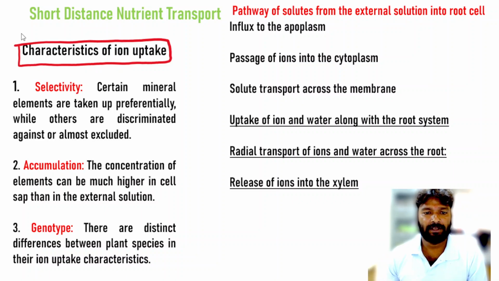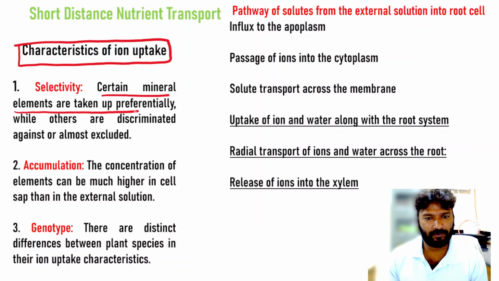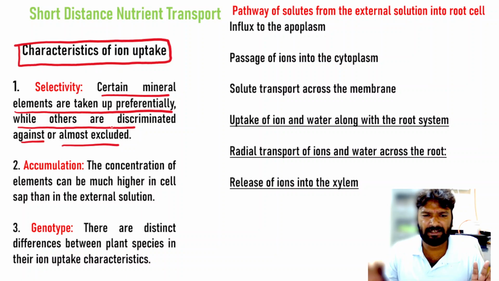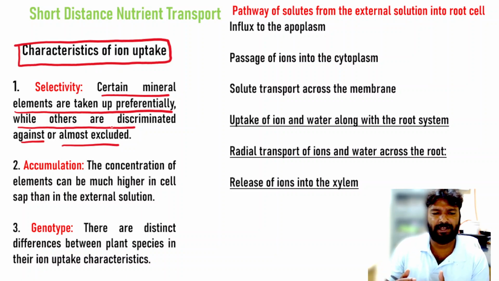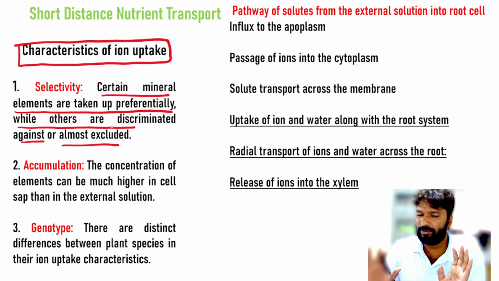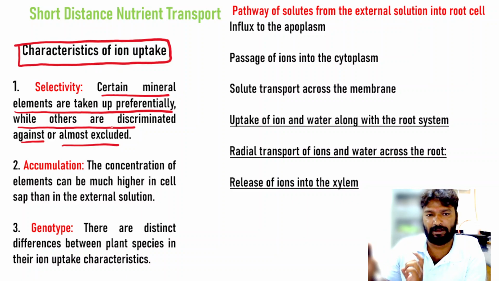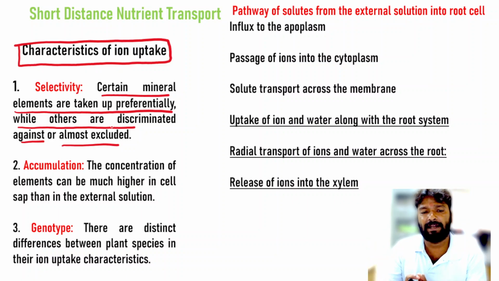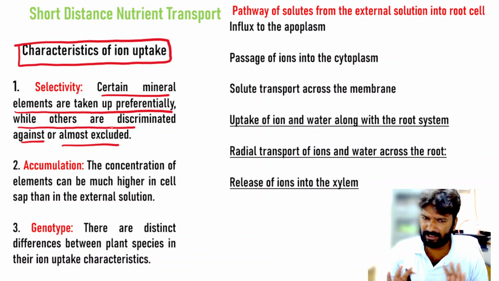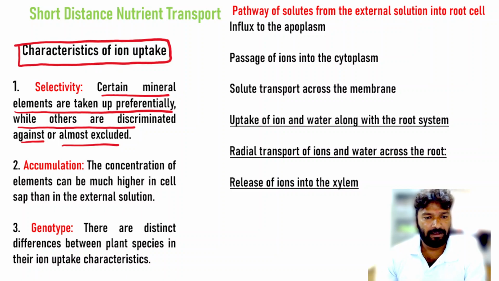Certain mineral elements are taken up preferentially, means some elements are taken while some others are discriminated and almost excluded. Means we do not need these nutrients and we need these nutrients. So mineral nutrients are selective in nature, or uptake of ions by the plant is selective in nature. Clear?